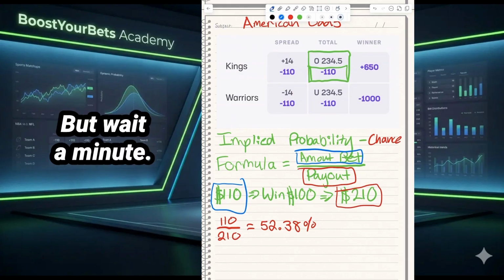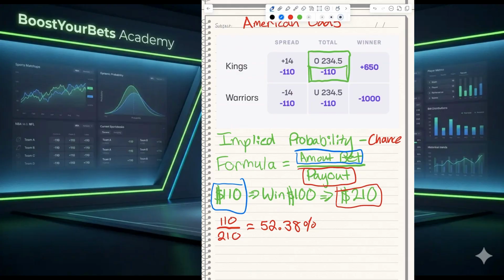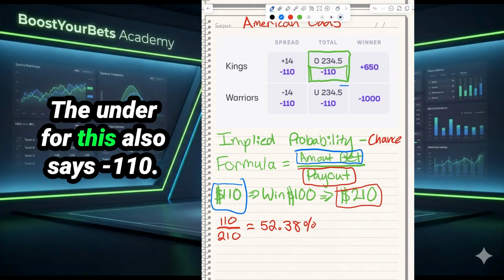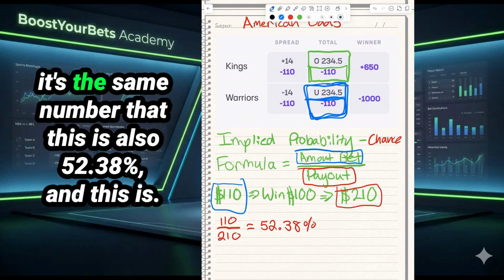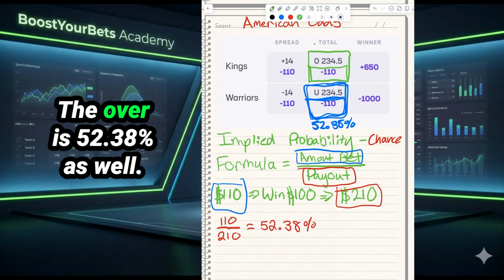But wait a minute. The under for this also says negative 110. That also would mean, if we calculate the implied probability, it's the same number: 52.38%. And the over is 52.38% as well.